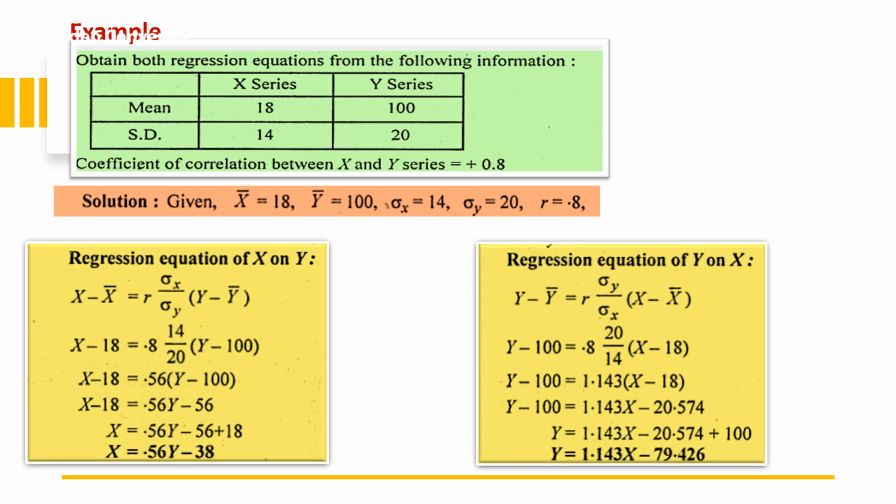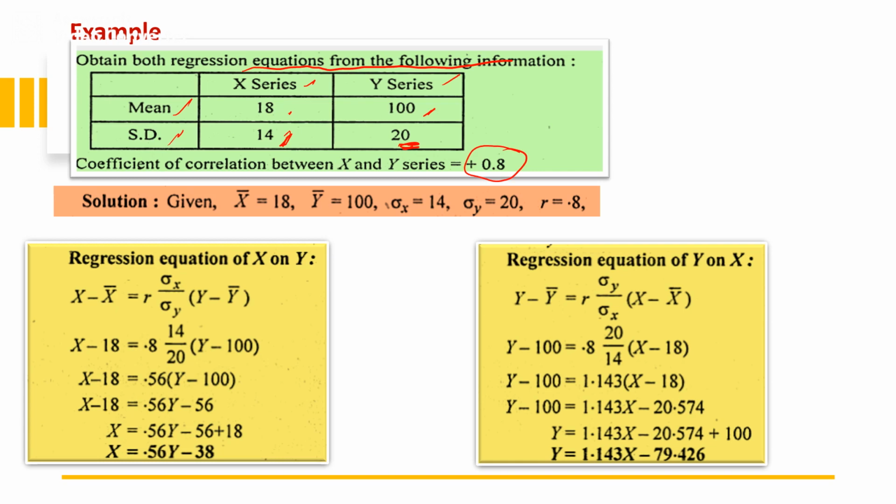Now let's take an example. We have to obtain both regression equations from the following information. Here we are given two series x and y, for which the mean of x series is 18 and the mean of y series is 100, the standard deviation of x series is 14 and the standard deviation of y series is 20, and the coefficient of correlation between x and y is plus 0.8.